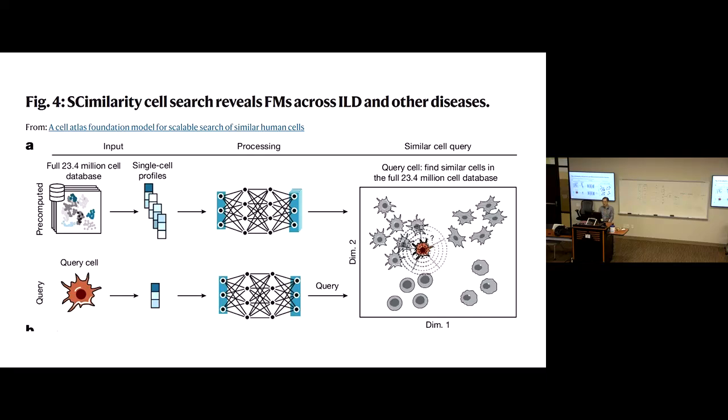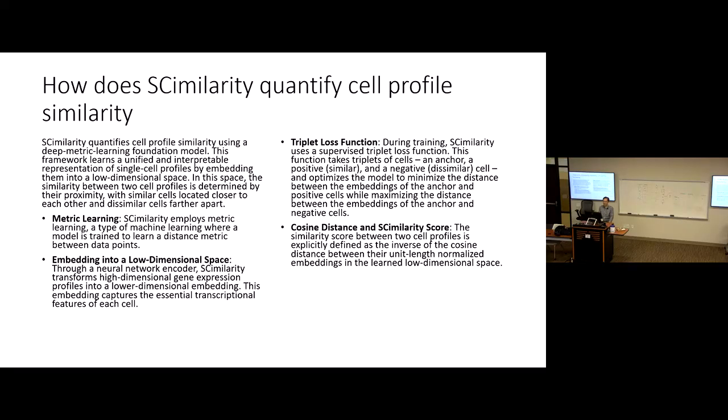So the distance they use is a cosine distance that just points you to that direction in the dictionary of cell types. Okay, so if you look at the description of their method, they designed this distance, and embedded the cell into a low dimensional space. We can check how low it is.